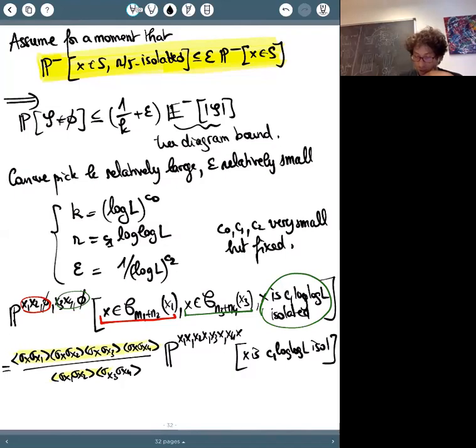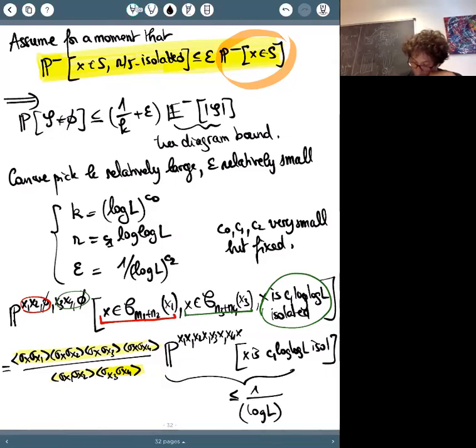Why is it good? Because you see that this yellow term is exactly this guy. So the only thing we need to prove is that this is smaller than 1 over log L to some constant C2.